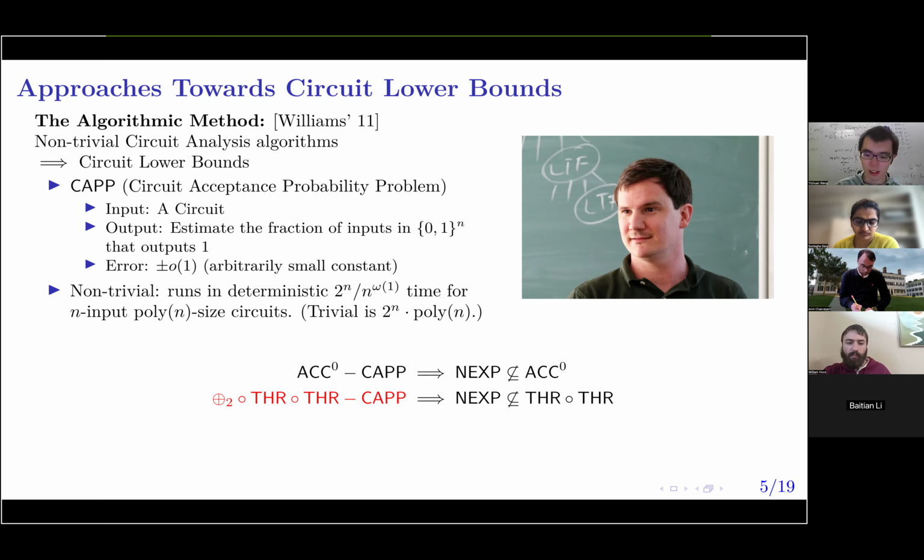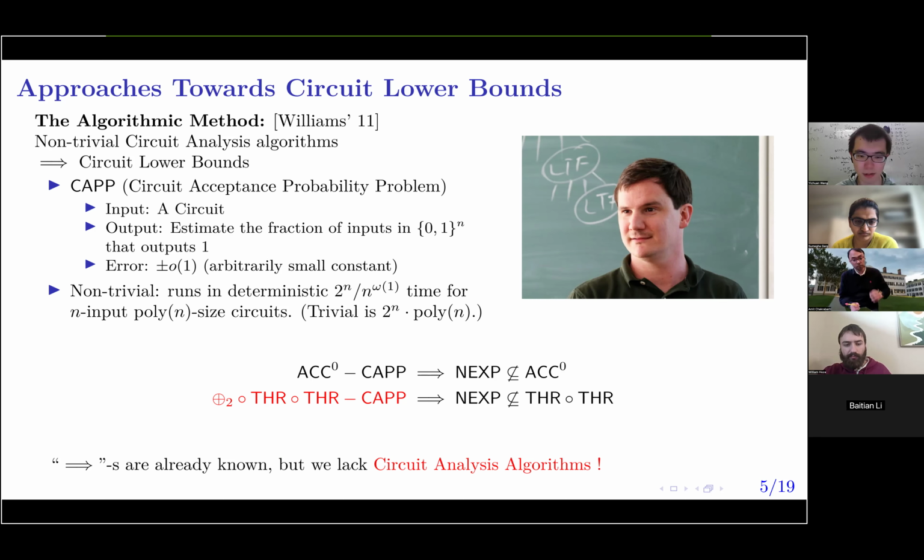Here, this implication is almost the same as Williams' original proof, but what we currently don't know is that we don't have an algorithm for this threshold circuit. So in fact, how people today are trying to tackle this threshold circuit lower bound is: can we design some non-trivial algorithms for threshold circuits? This is what people are doing today.